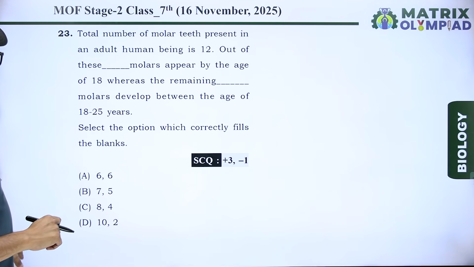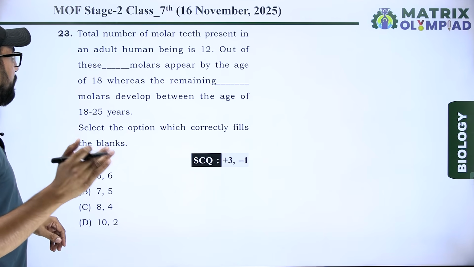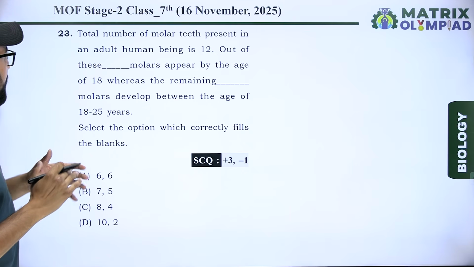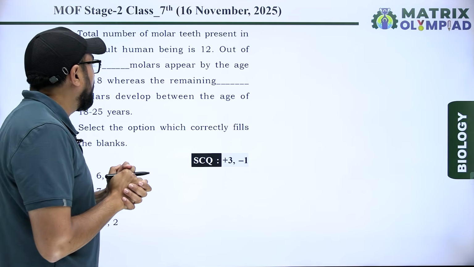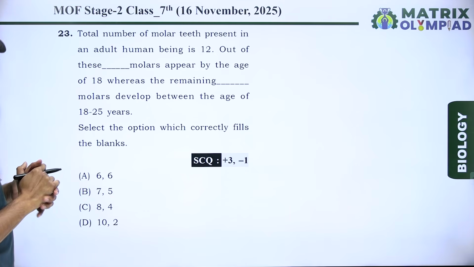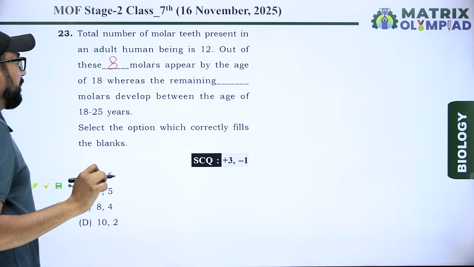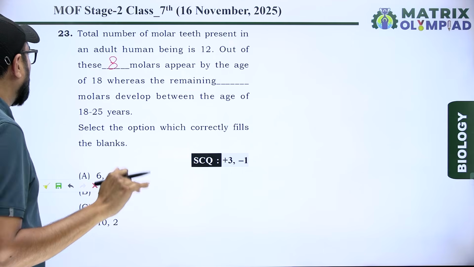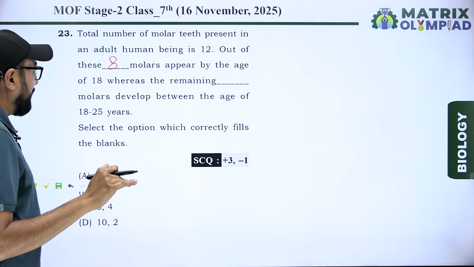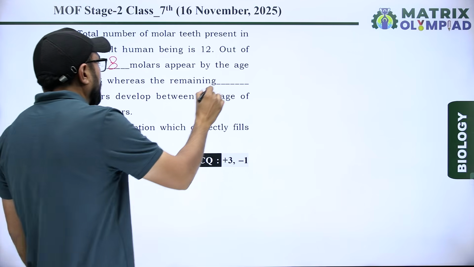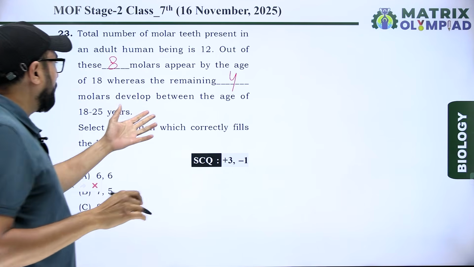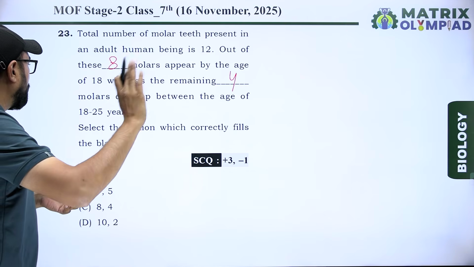Next, the total number of molar teeth present in an adult human being is 12. Out of these, 8 molars appear by the age of 18, whereas the remaining 4 develop between the age of 18 to 25.